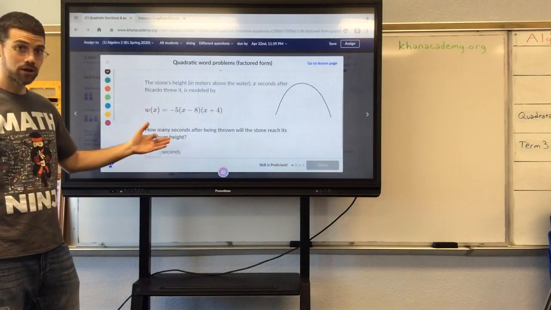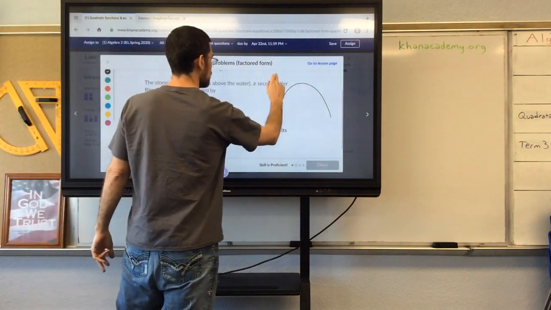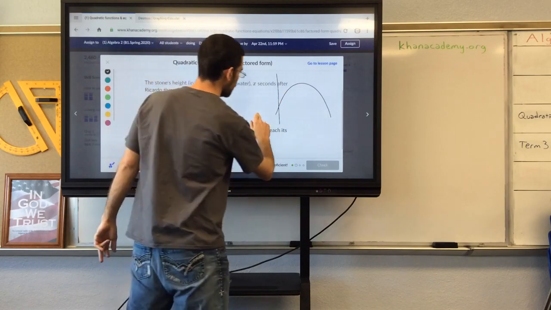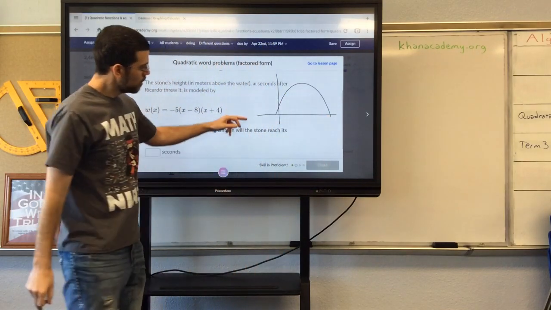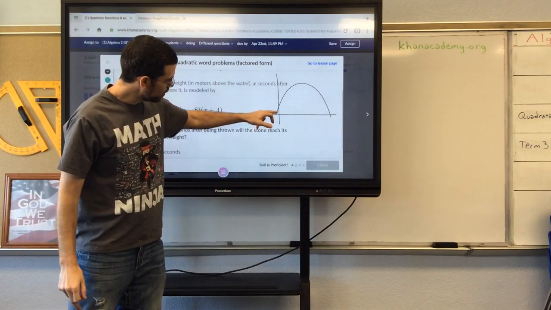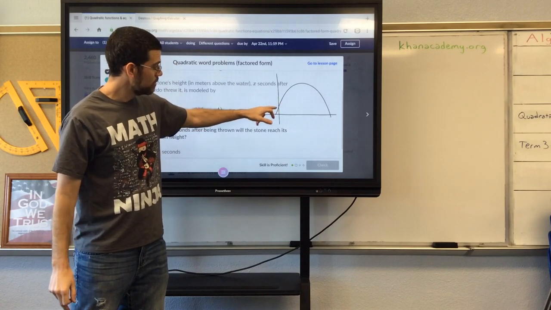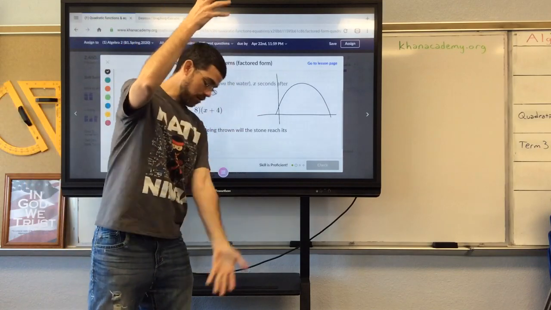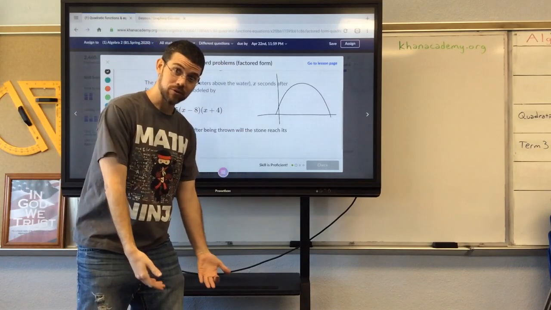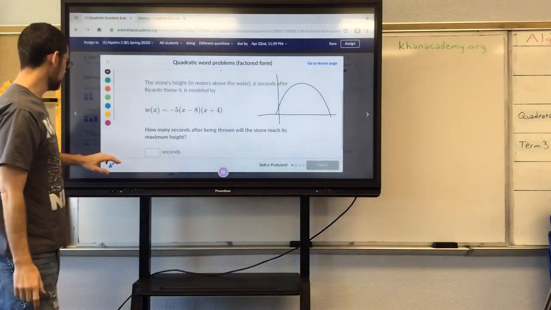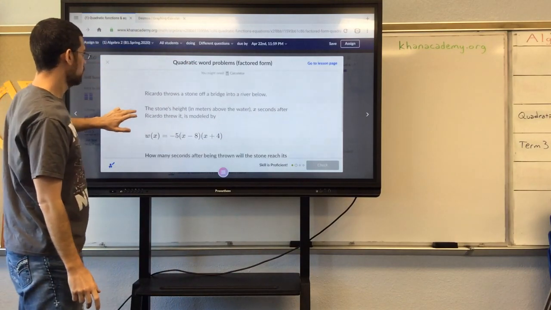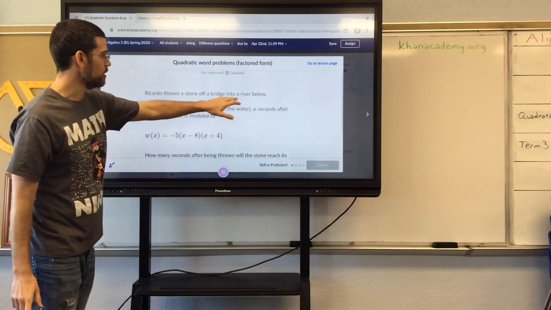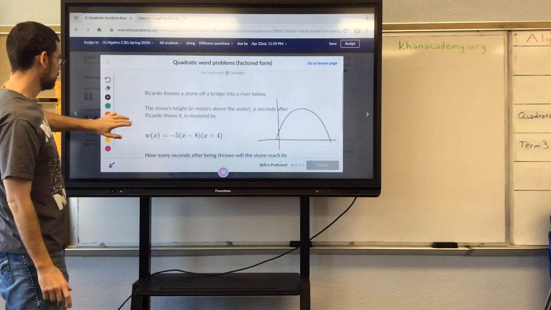He started on a bridge, which means the y-intercept is going to be above the x-axis, right? He throws it and it's up here above the ground, especially because he's standing on a bridge, right? Off a bridge into the water below.